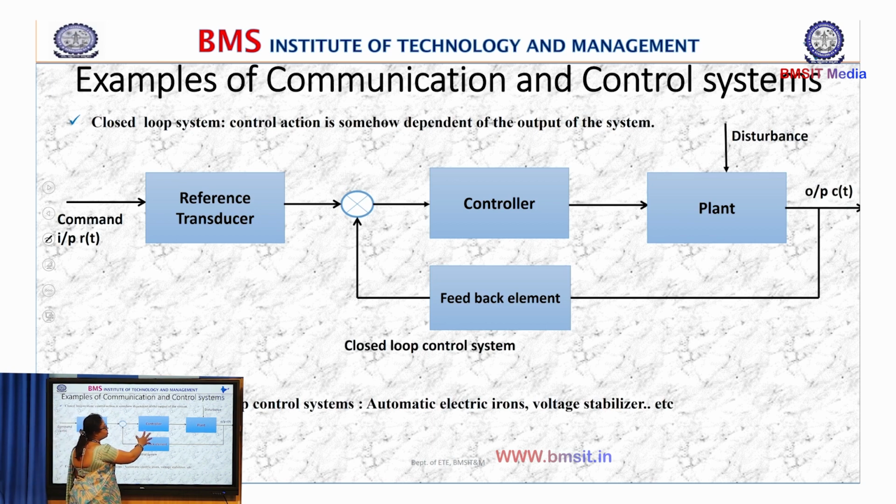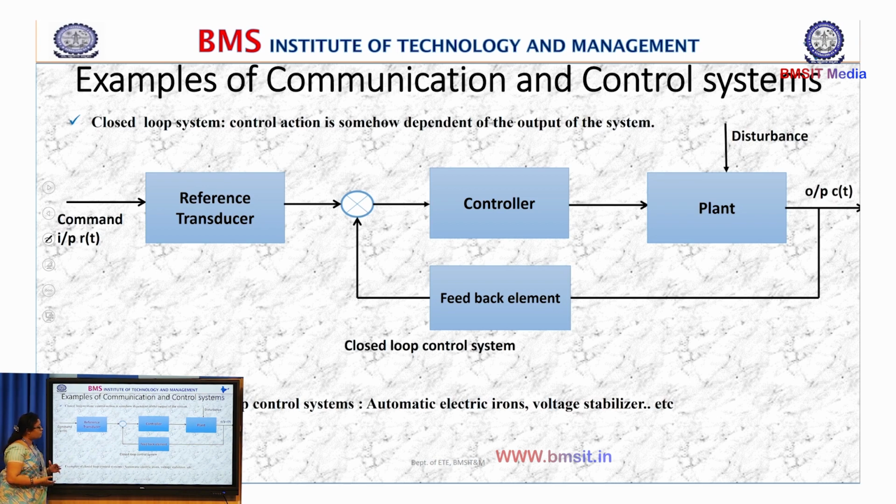Then we have a controller and a plant, where the plant can even have a disturbance, and the output of the plant is given as feedback to the input. The reference output of the transducer and the feedback element are used, and based on the error the system is controlled. That is what a closed loop control system is.